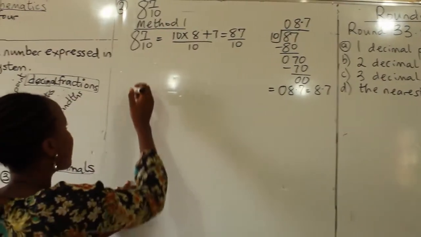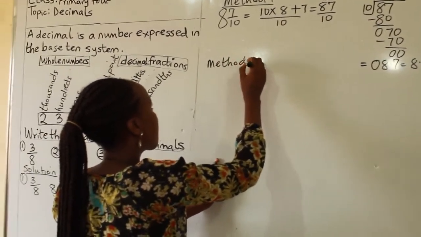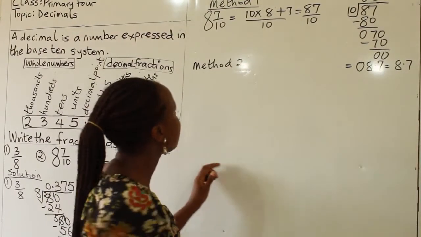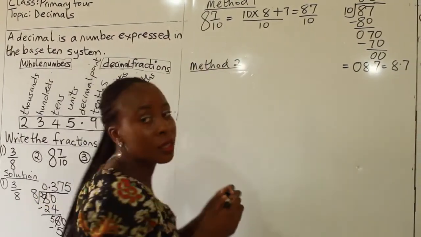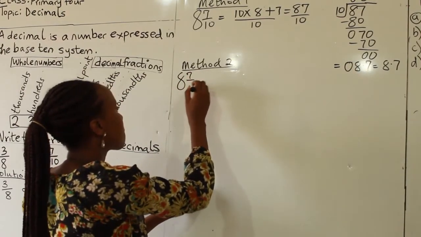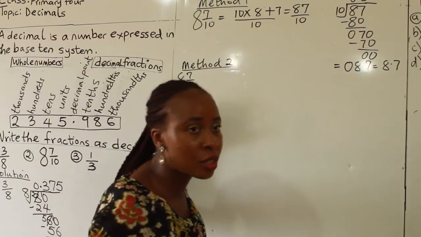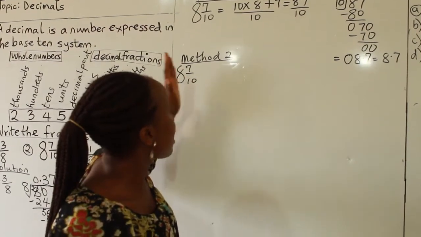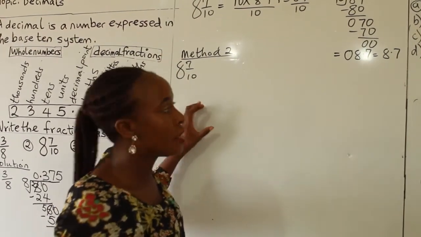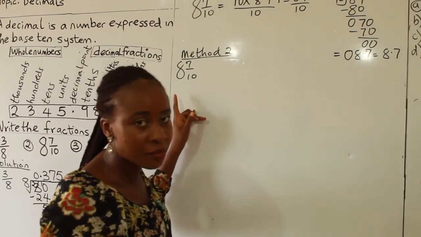Alright, our second method. The second method is to divide just the proper fraction. Just for us to divide 7 over 10, and the answer we get, we'll add it to the whole number 8.